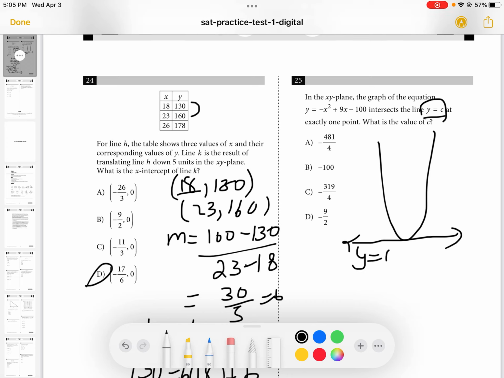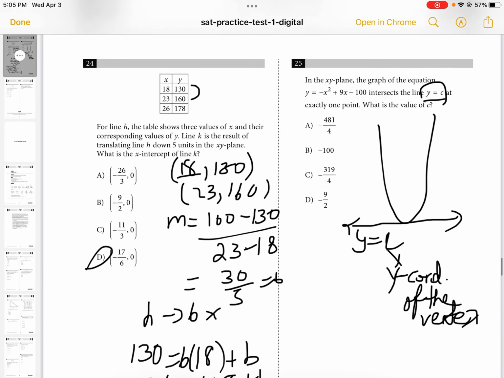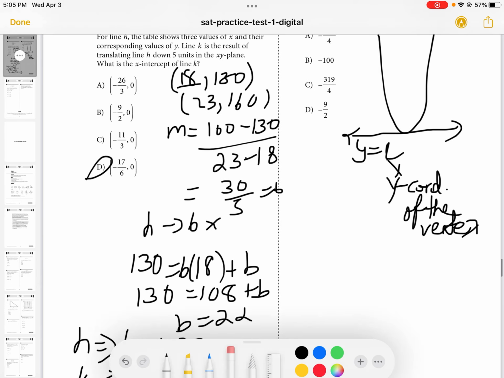So if the line y equals c is the y coordinate of the vertex, then and only then will it intersect the parabola at 1 point. So we have to find the y coordinate of the vertex.